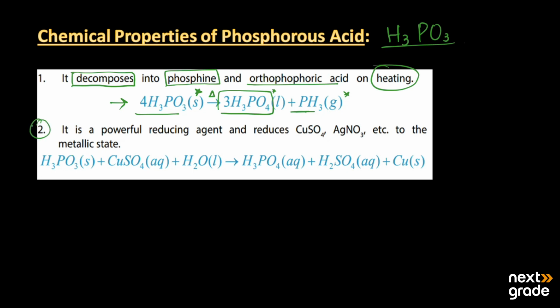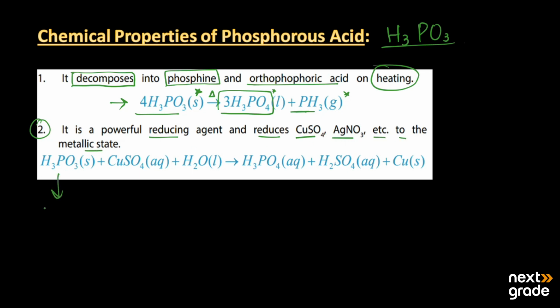Here we have its second chemical property, in which it is a powerful reducing agent and reduces copper sulfate, silver nitrate, etc. to their metallic state.